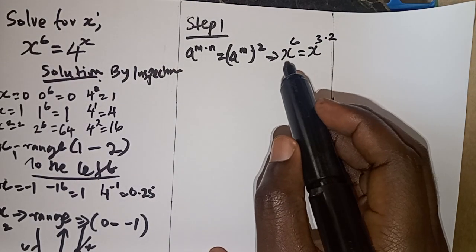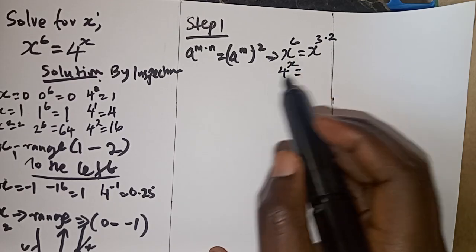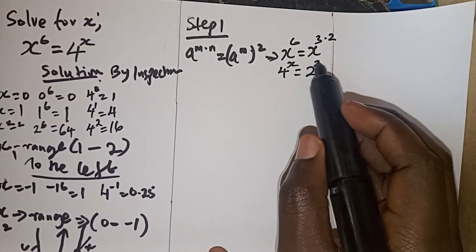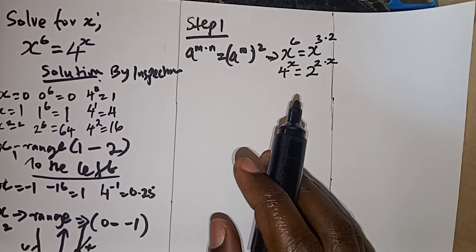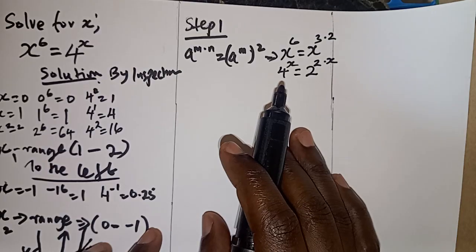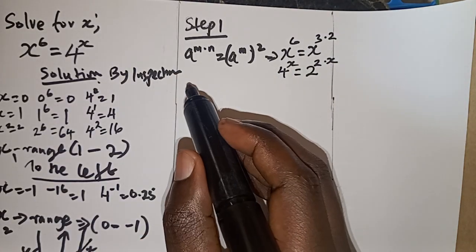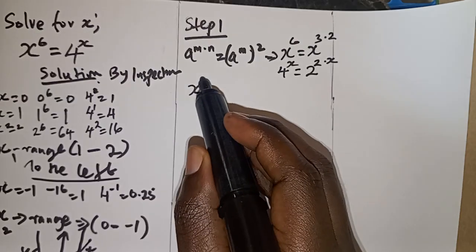Very nice. And when you have 4 to the power x, I can rewrite this as 2 squared, all to the power x. That is the power law of exponents.